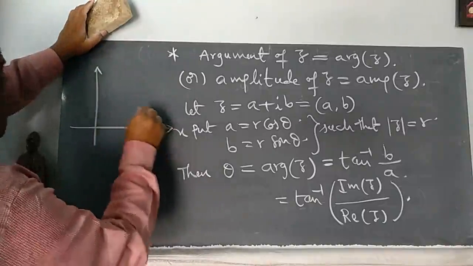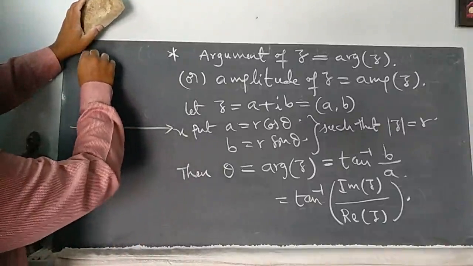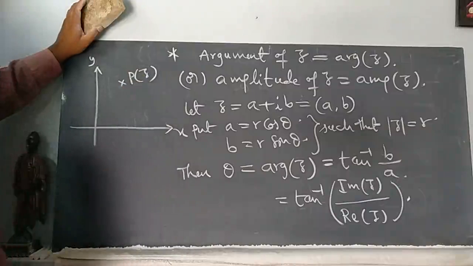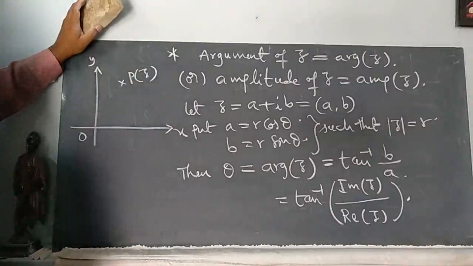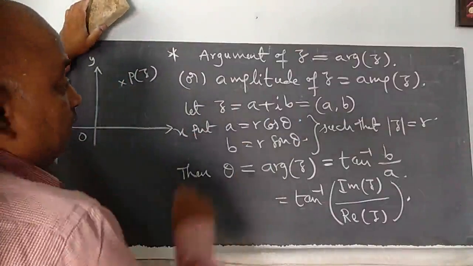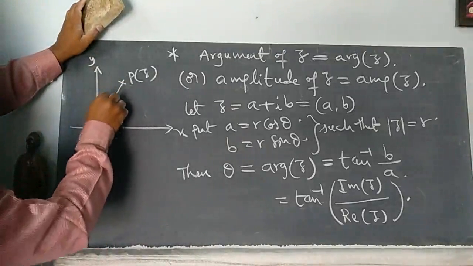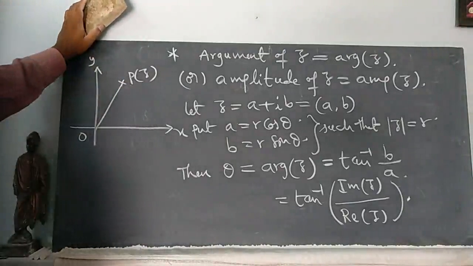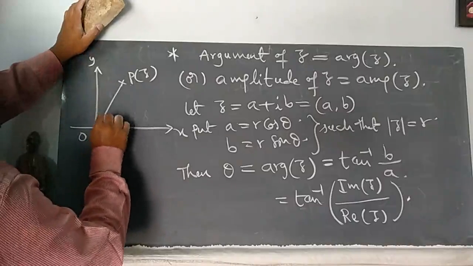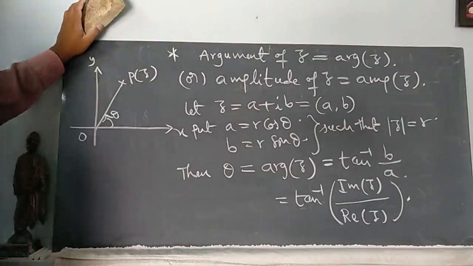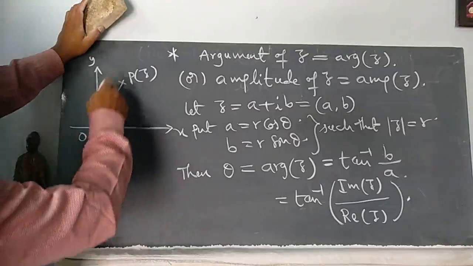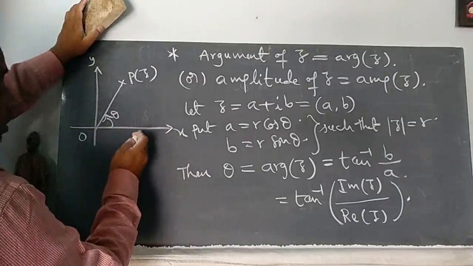See, geometrically, every complex number is always a unique point in the complex plane. P of z, which is a comma b. Join OP. Here OP is making an angle theta with the x-axis in the positive direction.